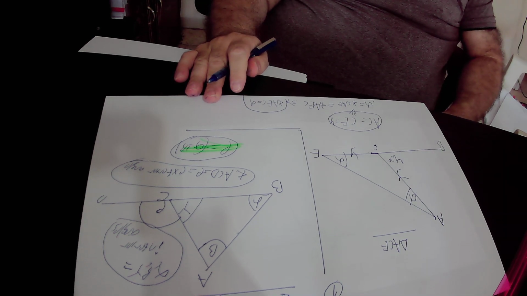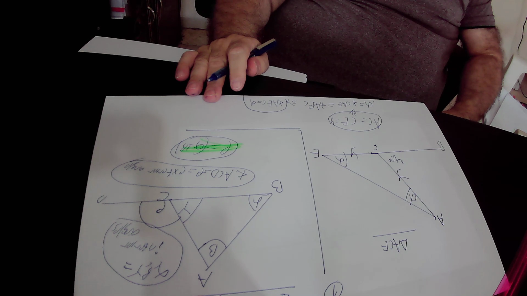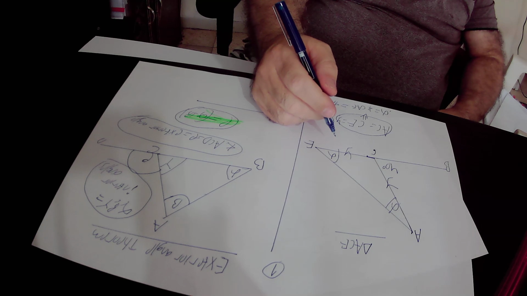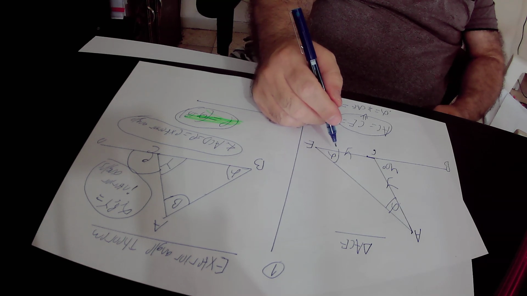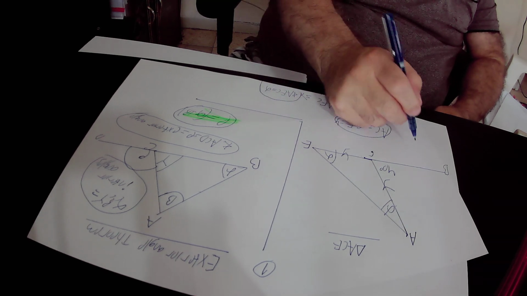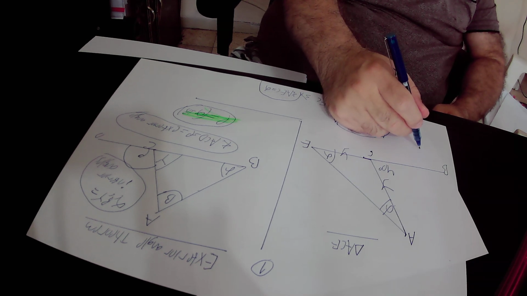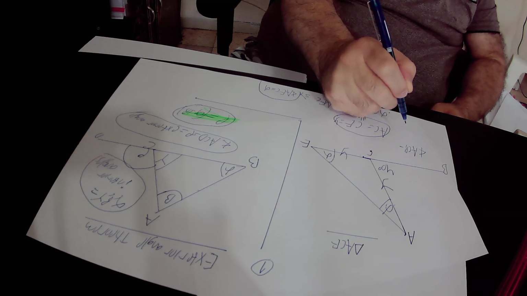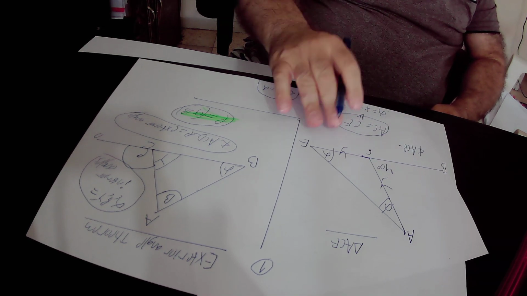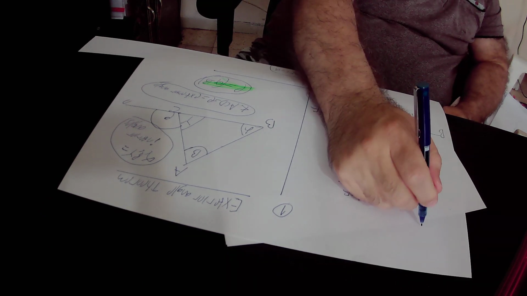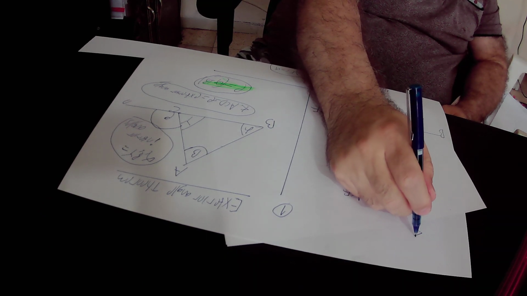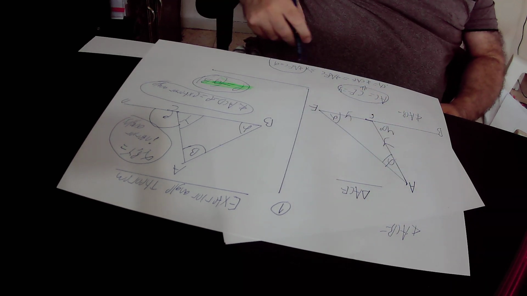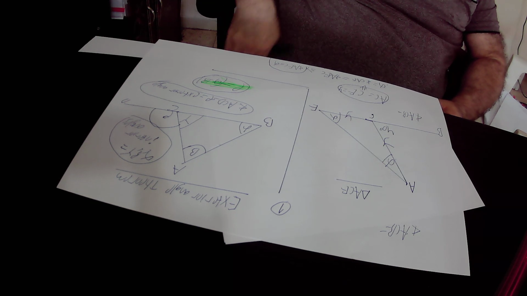We will implement the exterior angle theorem in this triangle ACE. Angle ACB, this angle ACB, is defined as an exterior angle. So the size of the exterior angle ACB will be equal to the sum of the two interior angles that are not adjacent to it.